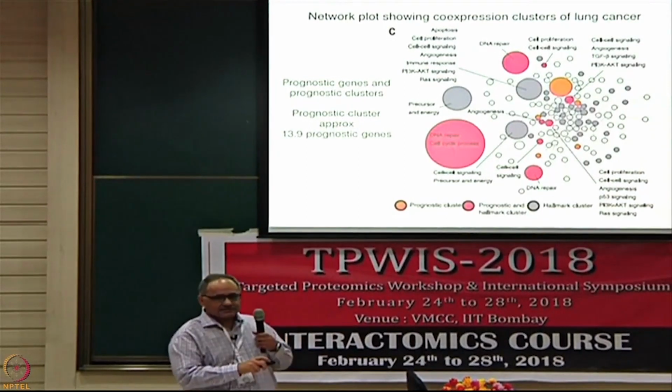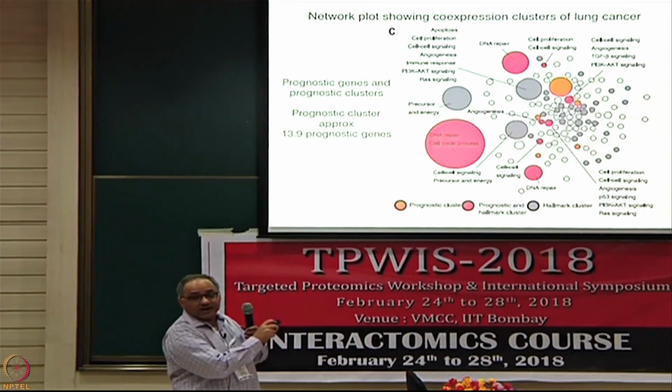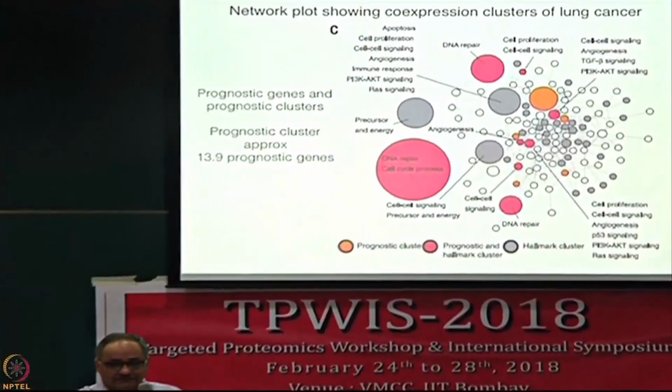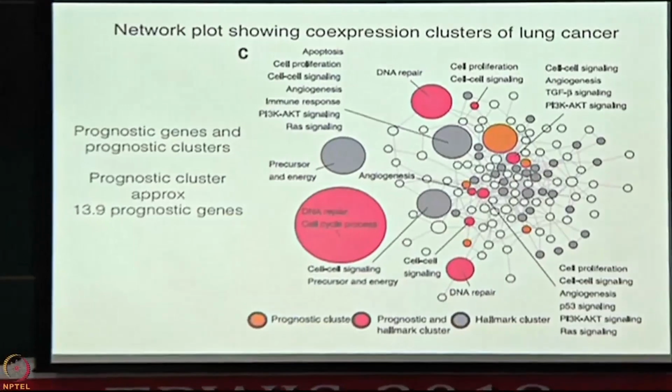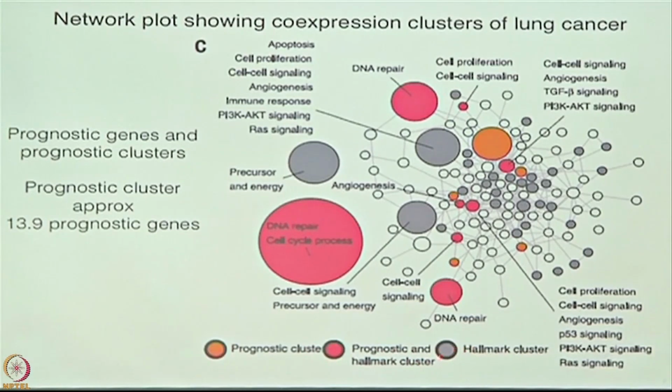And in this diagram, the reverse is true. If you look at the periphery, the large ones are the ones which have a greater chance of having an effect. The inner ones, not so many. And also, the differences are highlighted: the gray ones are the hallmark clusters. They were published 7, 8 years ago. And the prognostic and hallmark clusters are our work, which is superimposed on the hallmark. We are agreed that these are all important.